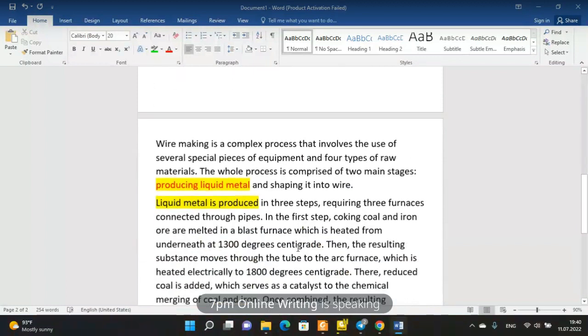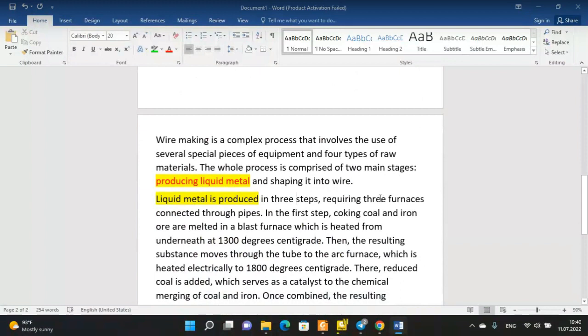And that's what I'm doing here. In the first step, coking coal and iron ore are melted in a blast furnace, which is heated from underneath at 1,300 degrees centigrade. Okay. So, how many words do you have here? Can you count, quickly show the word count for this sentence? So 24. Okay.